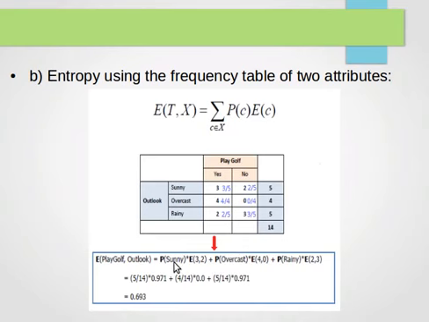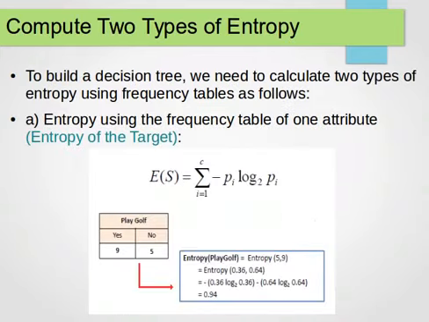Now if we plug those in, probability of sunny is 5 over 14, probability of overcast is 4 over 14, probability of rainy is 5 over 14, and for the entropy of 3 and 2, we use exactly the same concept as we mentioned before: the summation of minus p log to base 2 p for each of them.